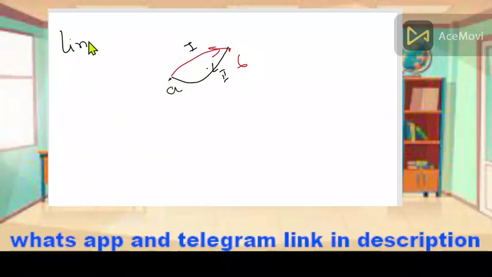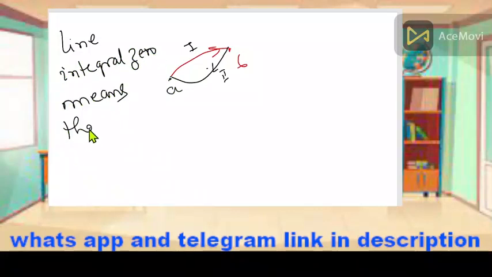So the line integral is independent of the path. If you are going from A to B and then stopping there, then the line integral is not 0. But if you are returning to the initial point, then your initial and final points are the same. So it is a closed path and your line integral is 0. Line integral is 0 means that the integral is independent of path.